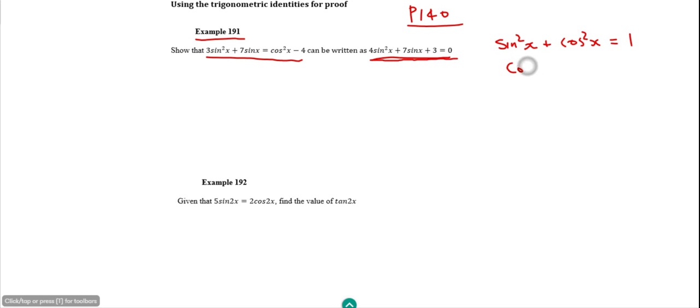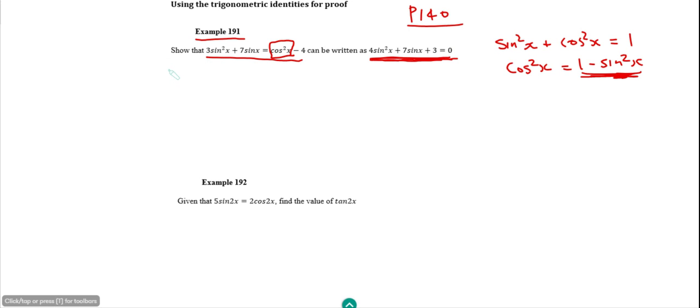So we can rewrite that as cos squared x equals 1 minus sine squared x. And that's very useful because we can then replace the cos squared x here by the 1 minus sine squared x. The reason we want to do that is we want to get it all in terms of sine squared x, as we were required to do here.